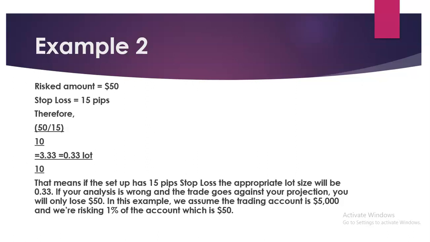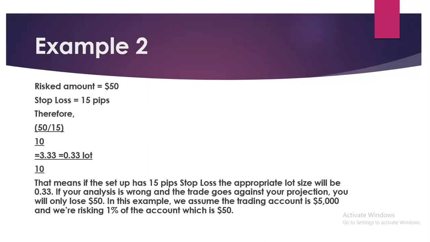It means that in another trade with a 15 pip stop loss, the appropriate lot size this person is going to be using is 0.33 lot. If your analysis is wrong and the trade goes against your projection, you will only lose $50.